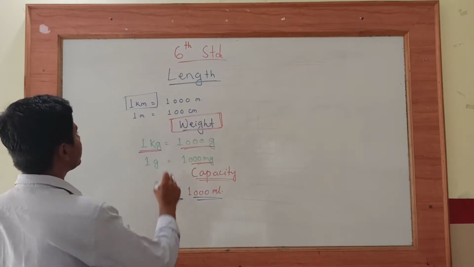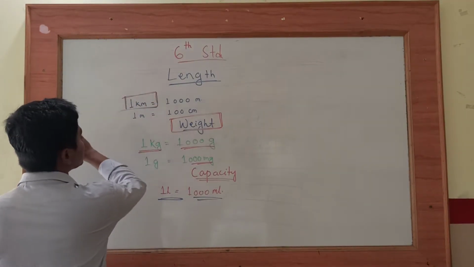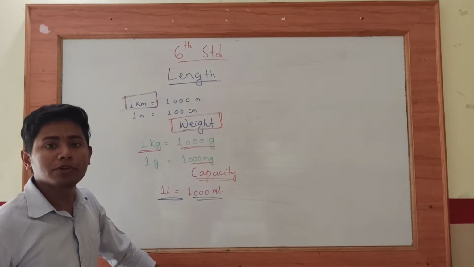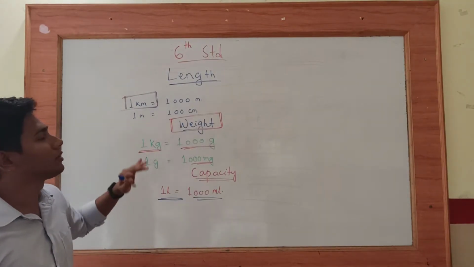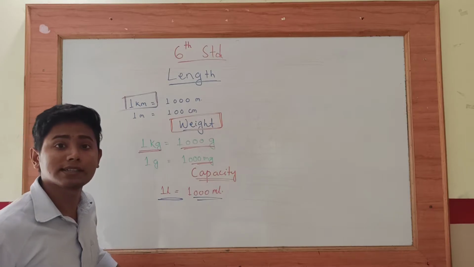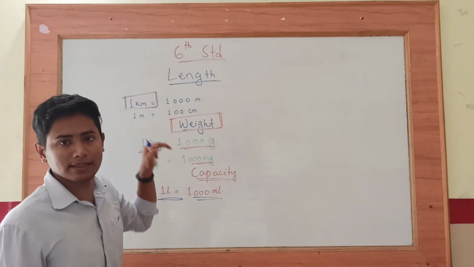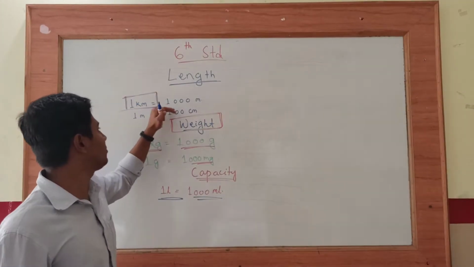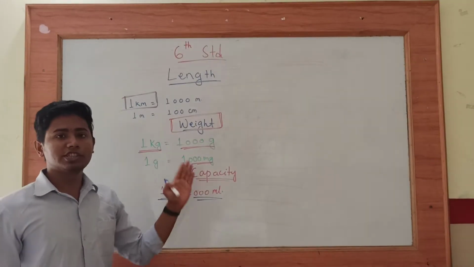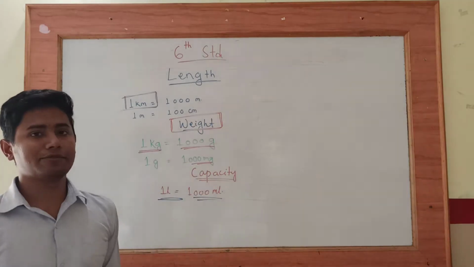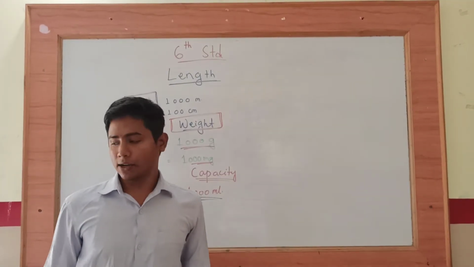If someone asks how much distance is your home from your school, you can say 500 meter, 2 kilometer, 3 kilometer, like this. To measure length, we use kilometer, meter and centimeter. These are the basic units used in our daily lives. So everyone write it down.